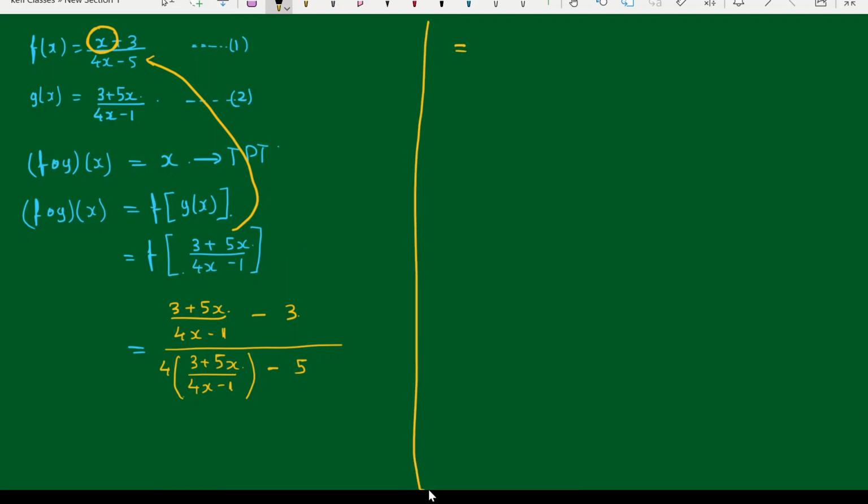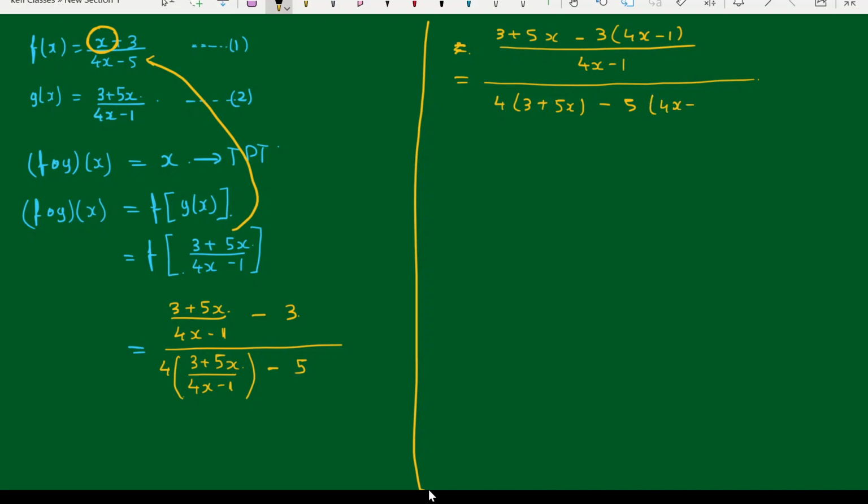So this is going to be equal to (3 plus 5x minus 3 into (4x minus 1)) upon (4x minus 1), and (4 into (3 plus 5x) minus 5 into (4x minus 1)) upon (4x minus 1).